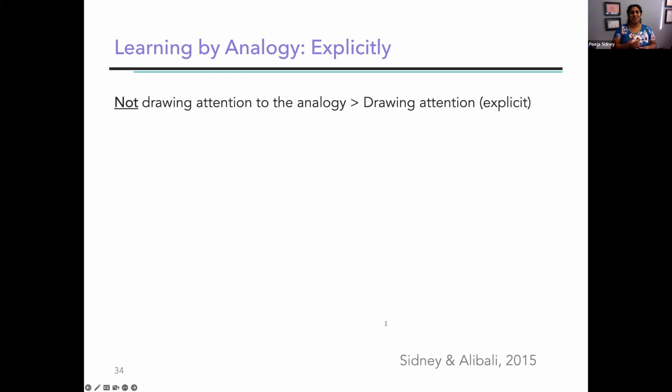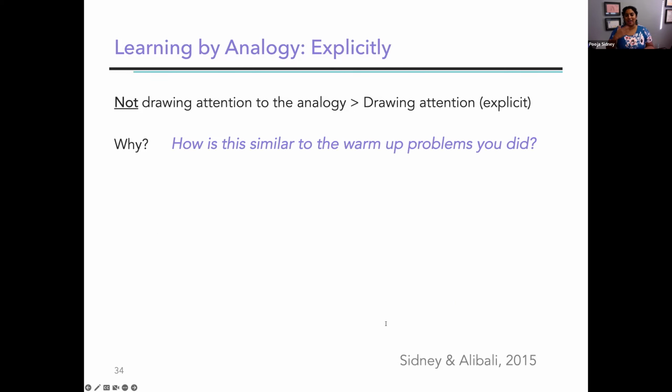Okay, so why was drawing attention to what should have been a good analogy worse for kids learning than not drawing any attention to it at all? Well, one reason is that I asked the kids to think about how similar they were and what parts were similar to each other. So the identification of the analogy is explicit.